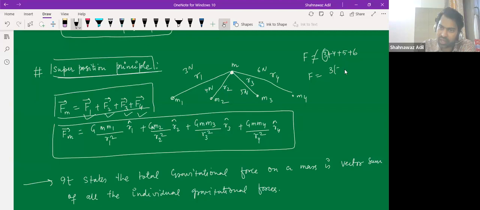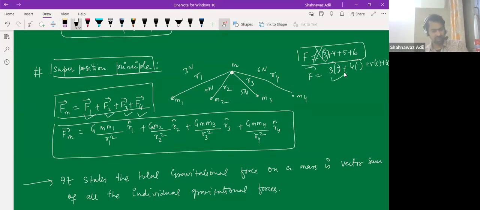So the superposition principle says that this is not the algebraic sum, but the vector sum. Quickly note it down, and we will do one question and then move on to Kepler's laws.